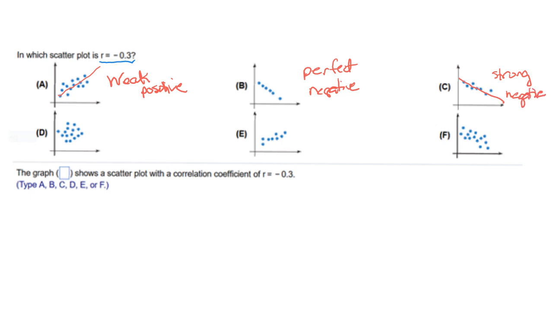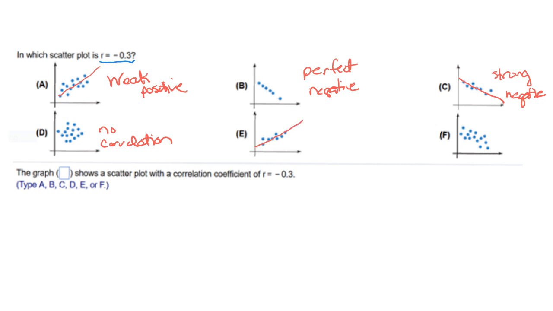And let's get the next one. This next one, you can't tell if it's increasing or decreasing. So this one would be considered just a scatter plot with no correlation. E is going from left to right. Looks like it's rising slowly.